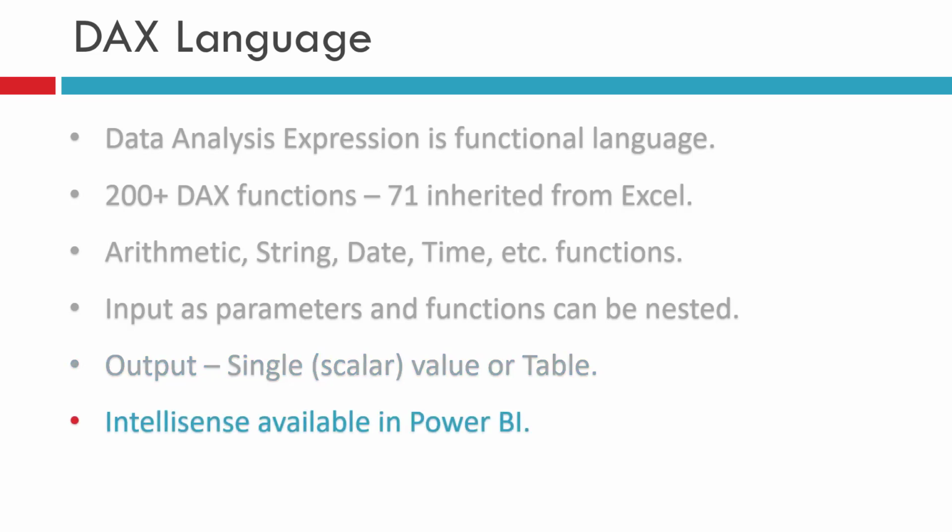Further, there is IntelliSense available in Power BI. So whenever you are entering any DAX formulas, you will see this. IntelliSense is a form of predictive text for programmers. Most of the modern programming development environments offer some sort of IntelliSense to help guide you in writing your code. As you start typing your calculation, you would notice some suggestions appearing as to what might be next.